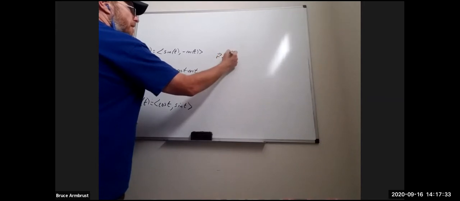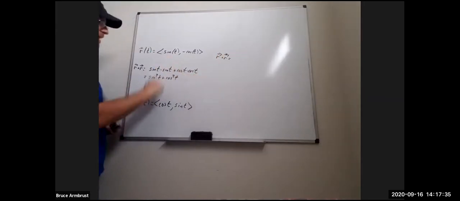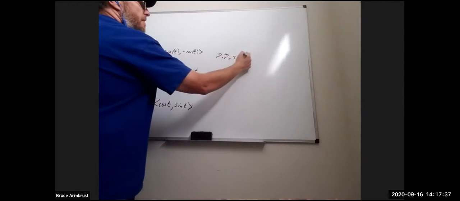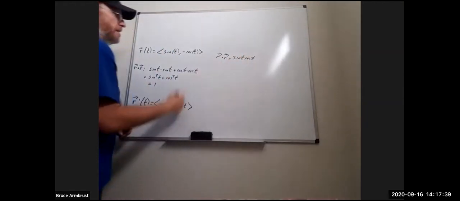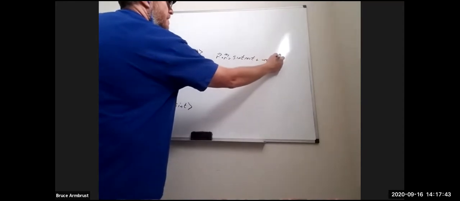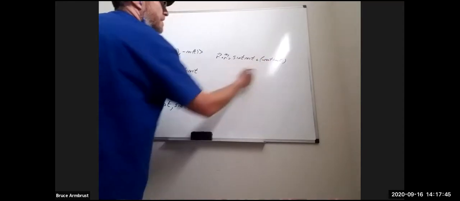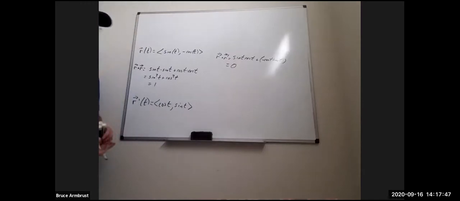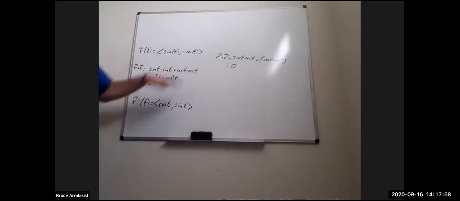So r dotted with r prime, we're going to get sine times cosine minus cosine times sine, which does equal 0. So here's an example of one whose self dot product is constant, and we can clearly see that r prime is orthogonal to r.